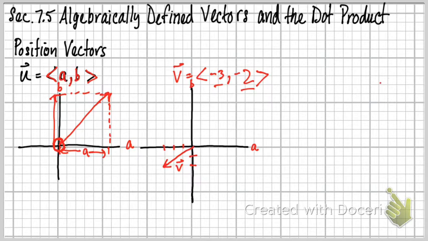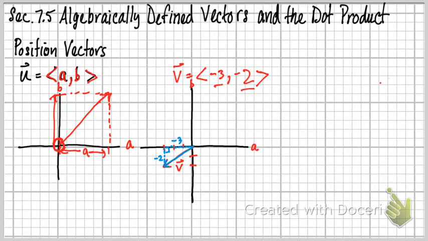Now, another thing we can talk about besides graphing these vectors is the magnitude. How can I find the length of this vector? Think about it this way. If I drew a right triangle here, I know this is -3, and this is -2, or I can just call it 3 and 2, because I'm just trying to find the magnitude.